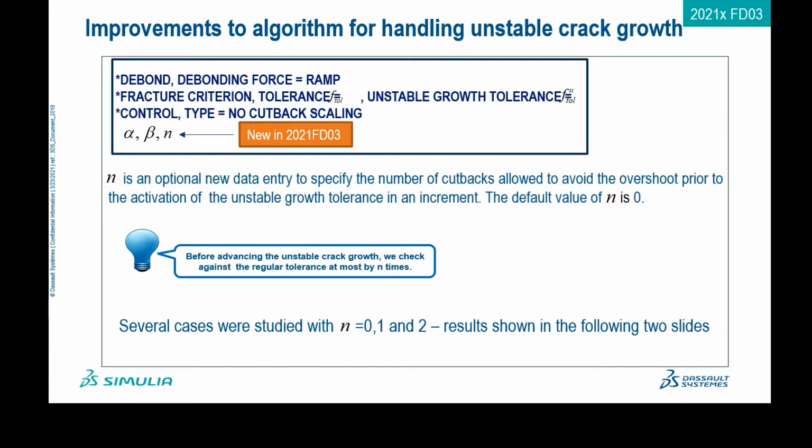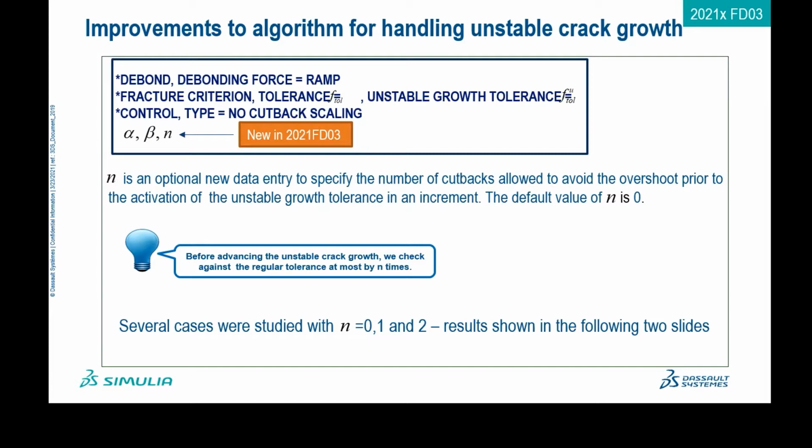We note certain improvements to the algorithm for handling unstable crack growths, including the keyword Star Debonding, force equals ramp, by defining also the fatigue and fracture criteria, as well as the tolerance and the unstable growth tolerance, and specifying the control types with or without cutback scalings.